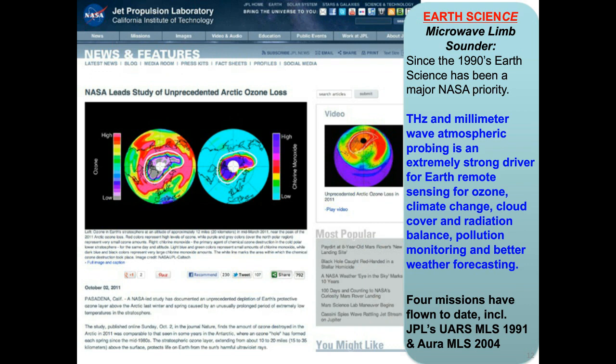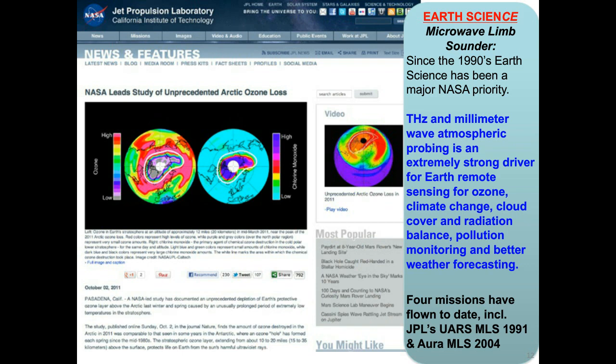And this has been a very, very strong priority since the 90s, and of course will continue to be a very strong priority as we go forward in trying to really understand climate change and how all of the different processes that happen on a global scale affect the Earth's atmosphere, and especially ozone, which of course was basically mapped and dealt with because of the space science that was done in this frequency range, looking at the chlorine monoxide relationship and gobbling up of ozone through that chemical process.